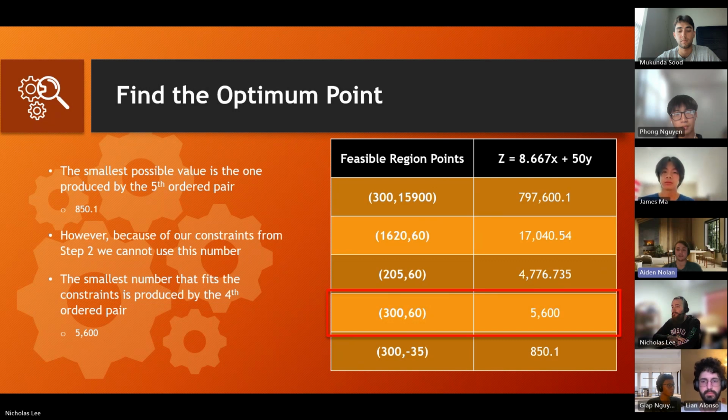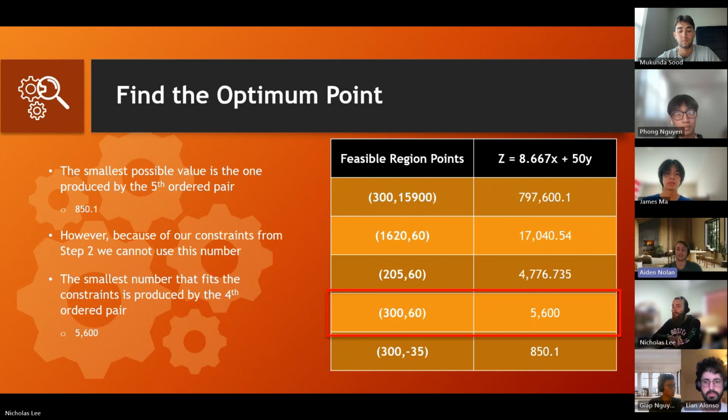There's also the vertex testing method, which involves looking at purely the vertexes of the graph, plugging them into the objective function, and outputting the values. However, for our case, we chose the graphical method, as it is just the best for our case, where we have two constraints, where we plug the feasible region points, as calculated earlier, into the objective function and find the outputs.